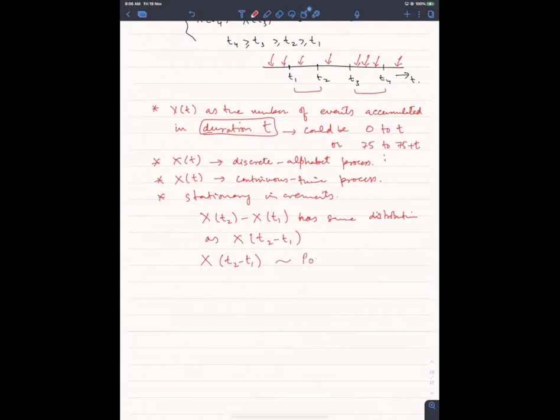This is Poisson with parameter lambda times (t2 minus t1), and lambda is what we call the rate of the process. So it is very closely related to the Poisson random variable, except that it is indexed in time.